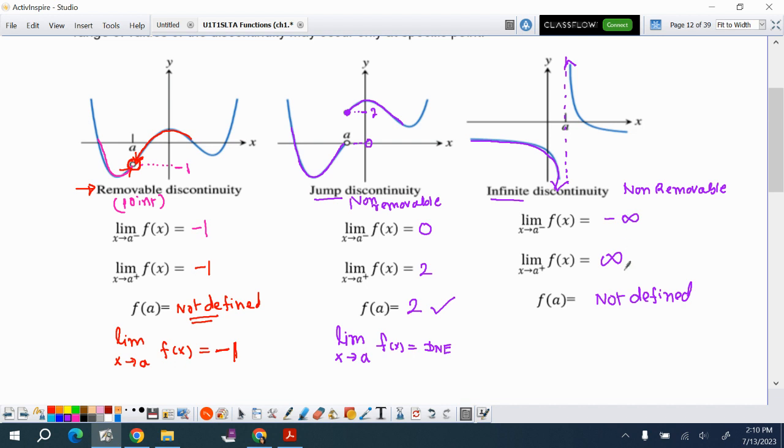And since these two numbers are different, you can say limit x approaches a of f of x does not exist. Now notice here, if they both are positive infinity, then you can write positive infinity. If they both are negative infinity, you can write negative infinity. But since they are different, we write does not exist. So three different types of discontinuity from the graph.